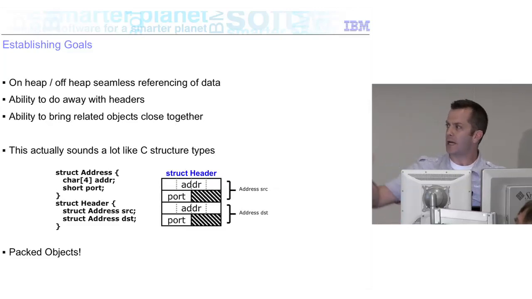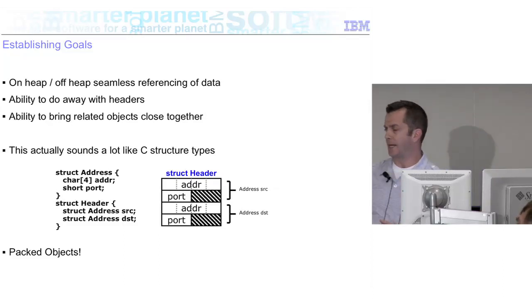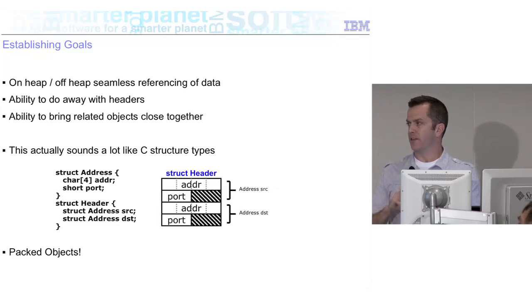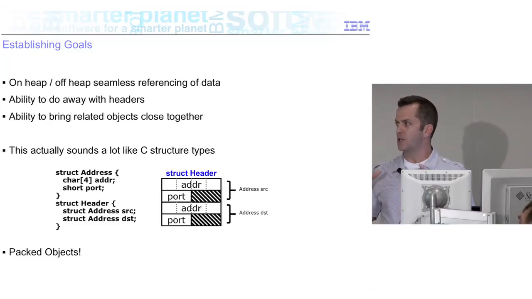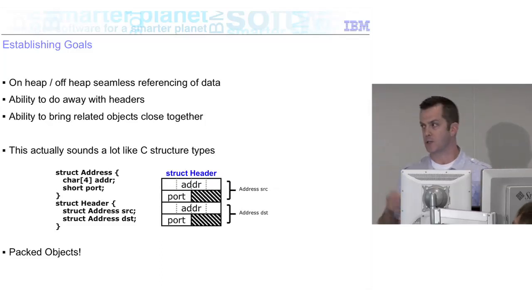But when I specify something like this, this is pretty much what I get. It's a nice compact representation. There's padding where needed and so on. But we haven't got things like headers and what have you. So it's exactly what I want. And I can place things according to, say, frequency of access and what have you. So this is the criteria that we're headed towards.